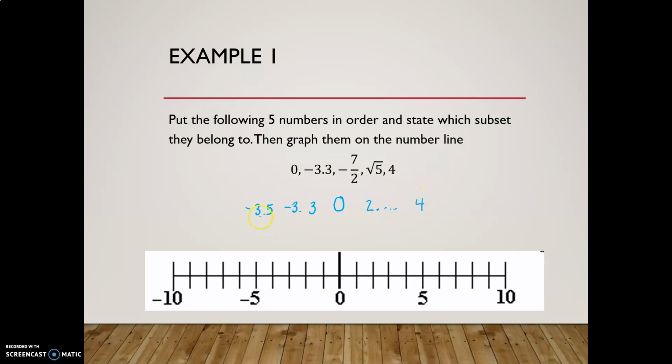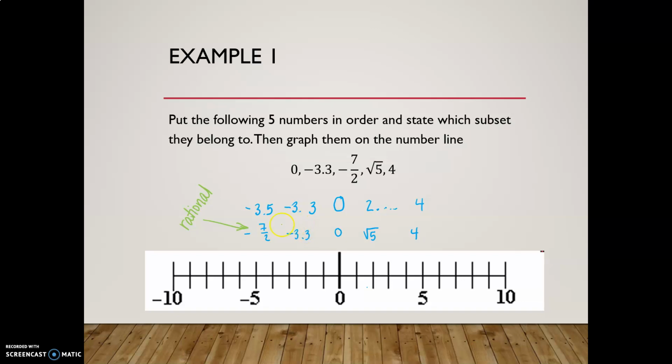So what I'm going to say is that this was -7/2, so I'm going to rewrite it in terms of the original numbers. So -7/2 is a rational because it's a fraction. -3.3, it's a decimal, so then I have to look at, does it terminate or end?